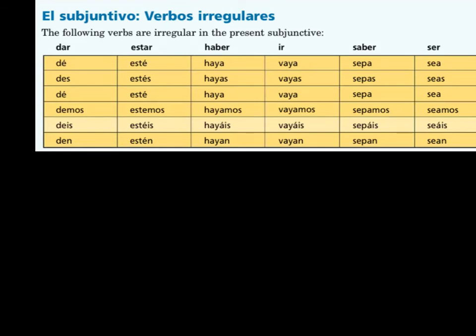Okay, so these should look familiar too, because these are the same irregulars that we had in our command forms. Okay, so we put them in this order. We used to say vaya, haya, sea, sepa, dé, esté. Remember? So vaya, haya, sea, sepa, dé, esté.